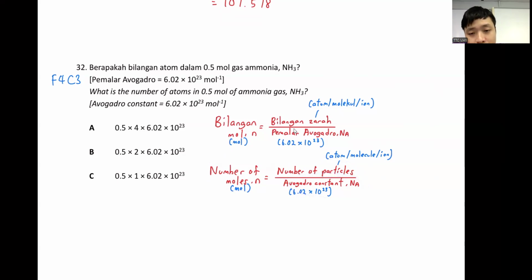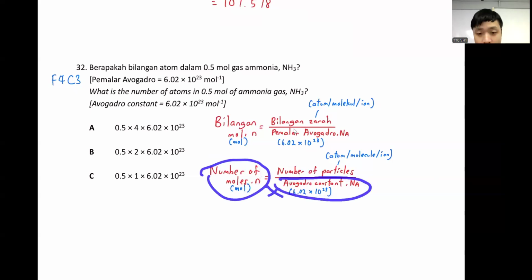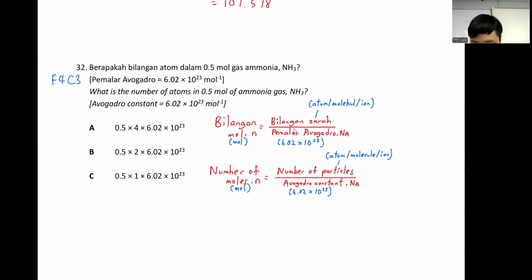Now, they ask for number of atoms, bilangan atom. It means you have to use number of mole multiply darab Avogadro constant. 拿 number of mole 去乘 Avogadro constant. In this case, mole is 0.5, multiply the fixed number, Avogadro.